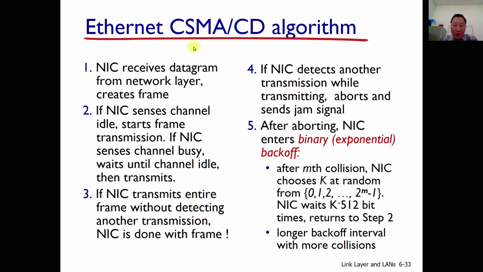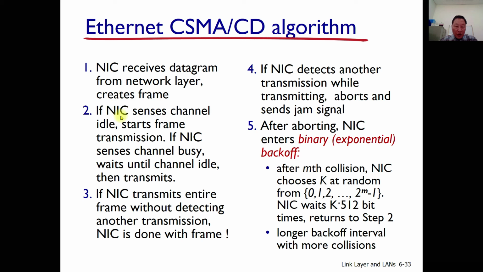This is the example of the Ethernet CSMA/CD algorithm, the procedure of how it works. The Ethernet card, the network interface card, receives a datagram from the network layer and creates a frame to send.